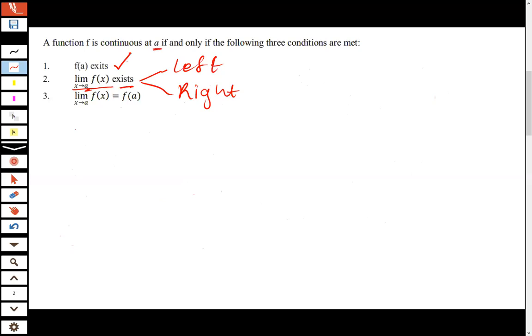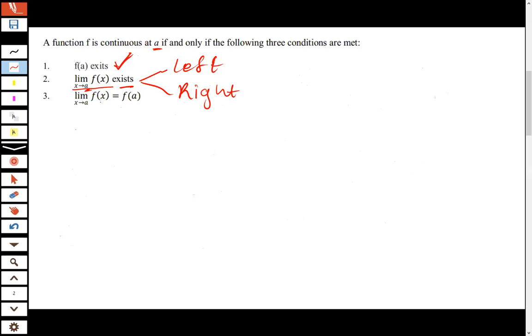Then, when you deal with the first step and the second step, you just have to compare the answers you found. If the answers are equal, the function is continuous at that given point a. But if the answers are not equal, the function is not continuous at that point.